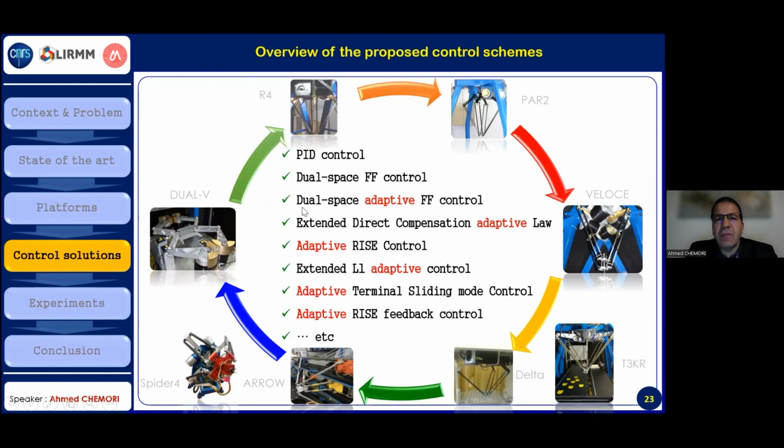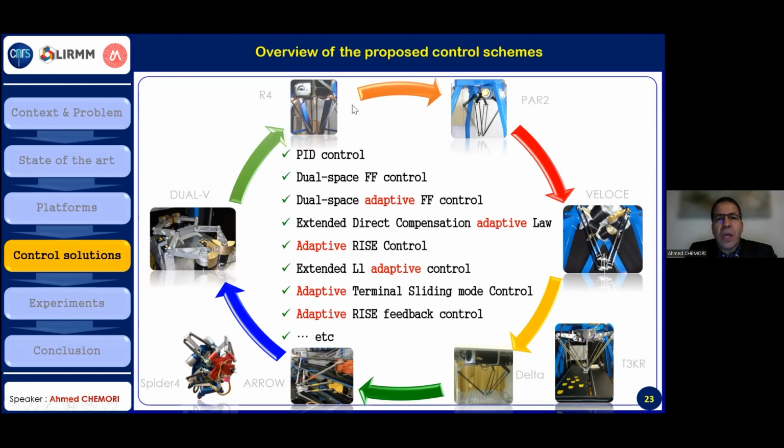As you can see from the control solutions, I emphasized with the red color a word, which is adaptive, adaptive, adaptive. There is an idea behind using adaptive control. When we do the application of parallel robots, mainly, as I said at the beginning of my presentation, there will be strong uncertainties. We cannot know all the parameters of the robot and its environment with precision.